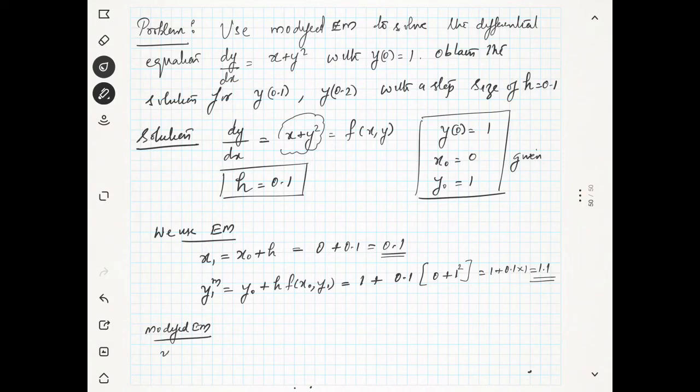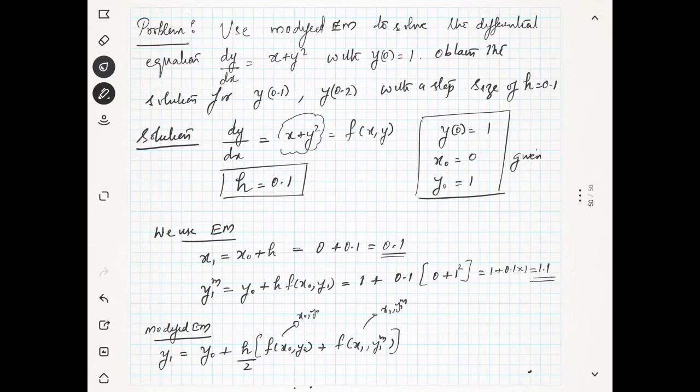It is y1 equal to y0 plus h by 2 into f of x0 y0 plus f of x1 y1 m, because we are taking the average of the slope. This is the point at x0 and y0, and this is at x1 and y1 m.